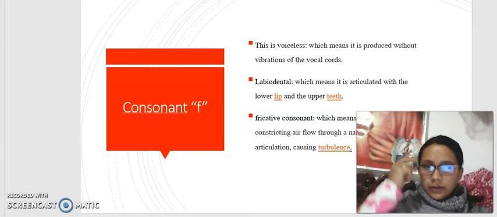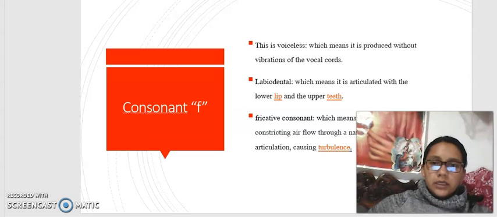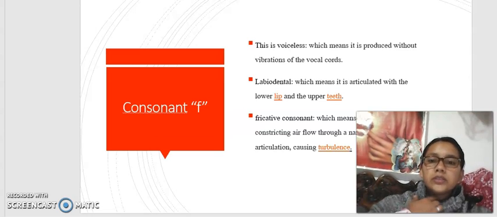We are talking about the consonant F, and there are some features. The first is that this is a voiceless consonant, which means it is produced without the vibration of the vocal cords, and the vocal cords don't sound.